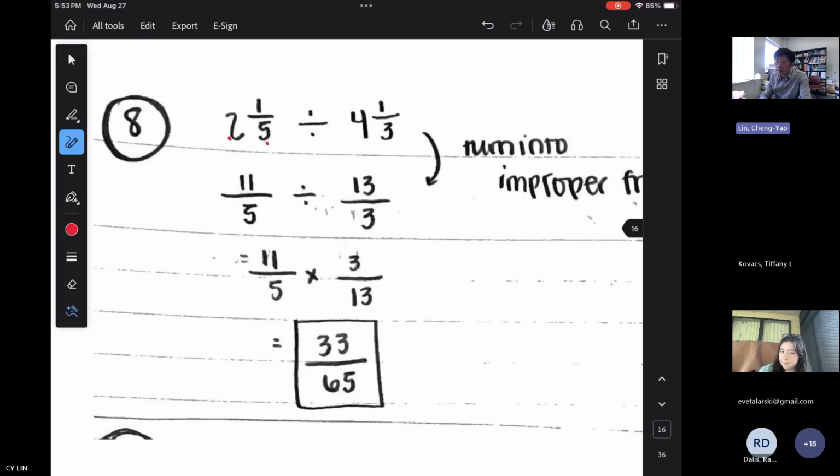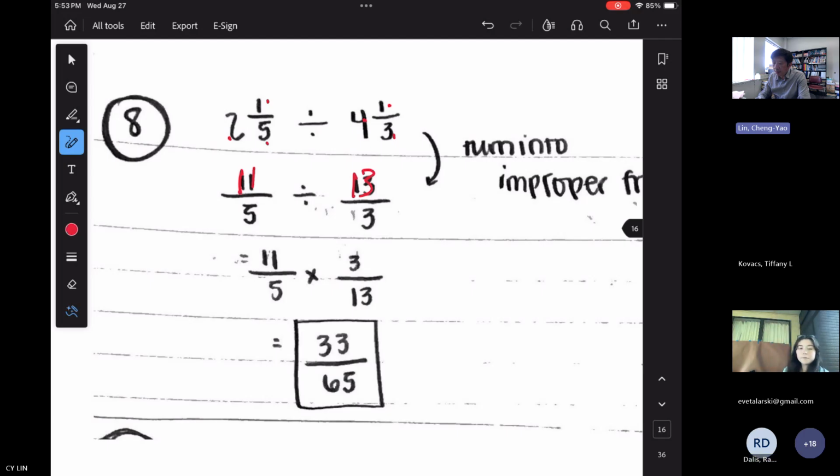So we take 2 times 5 plus 1, that's why we got 11 over 5. And we take 4 times 3 plus 1, that's why we get 13 over 3. Is that right?